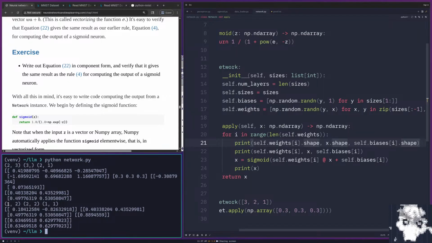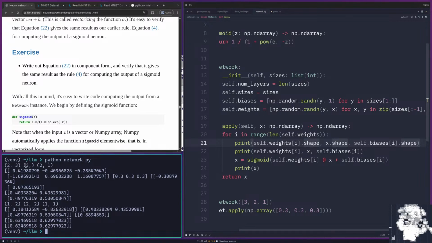Is this like 0 indexed or something? Wait, I'm confused. Wait, and then this is 3 by nothing. I guess that's expected. It's a vector.